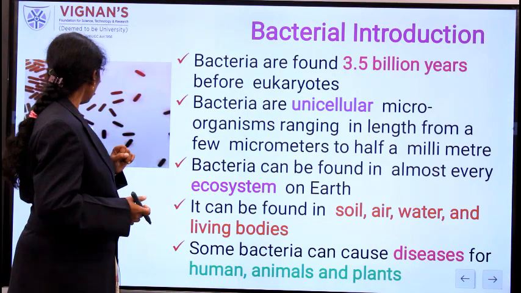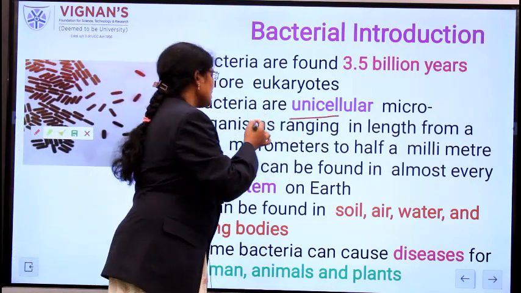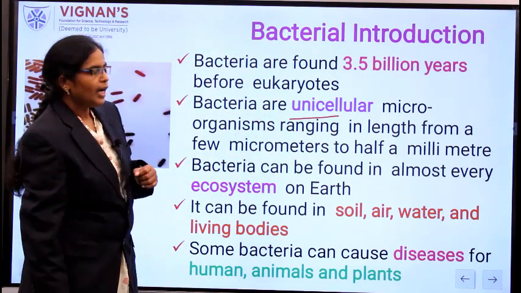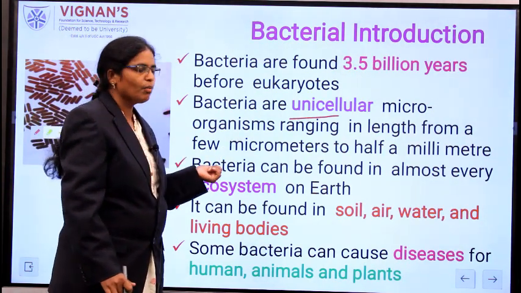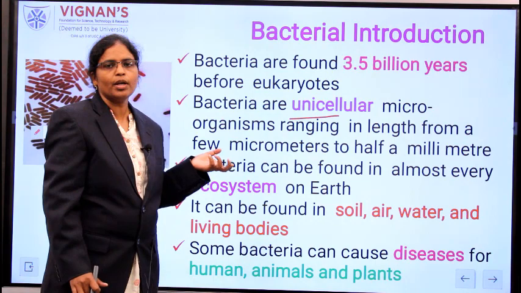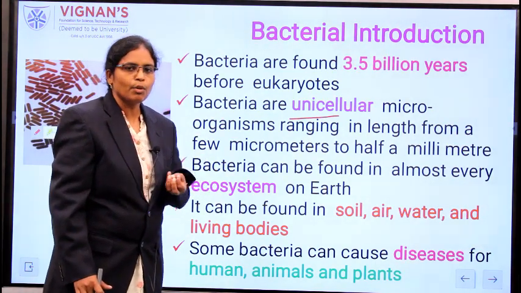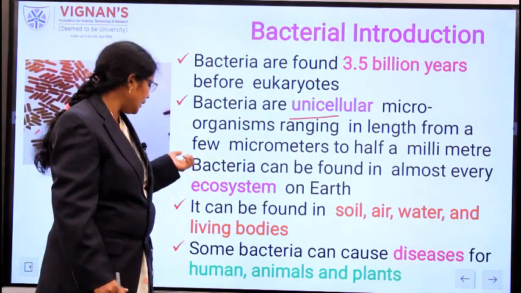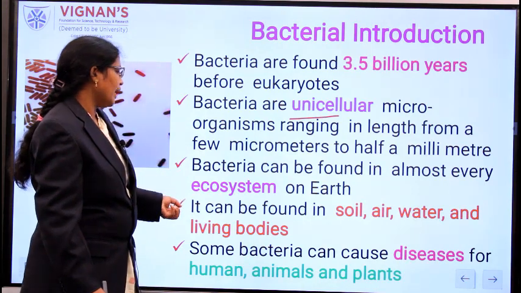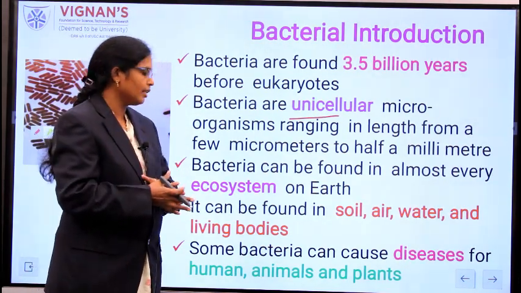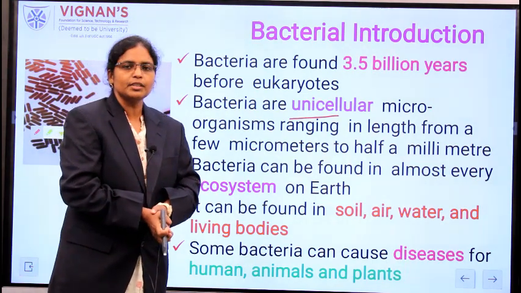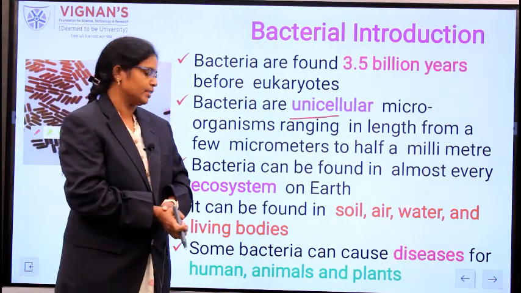These are prokaryotic in nature, and these are single-celled organisms. We can observe these bacteria in the entire ecosystem on the earth: in soil, water, and even in our body. Not only beneficial effects, these bacteria cause infections in humans, animals and plants.